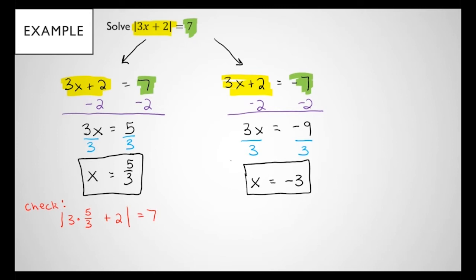So 3 times 5/3, that cancels and I'm left with 5. So I end up with 5 plus 2 in the absolute values, which is 7. So I end up with the absolute value of 7 equals 7. And that is true because the absolute value of 7 is 7. So I got a true statement. That equation works. I do get 7 equals 7.